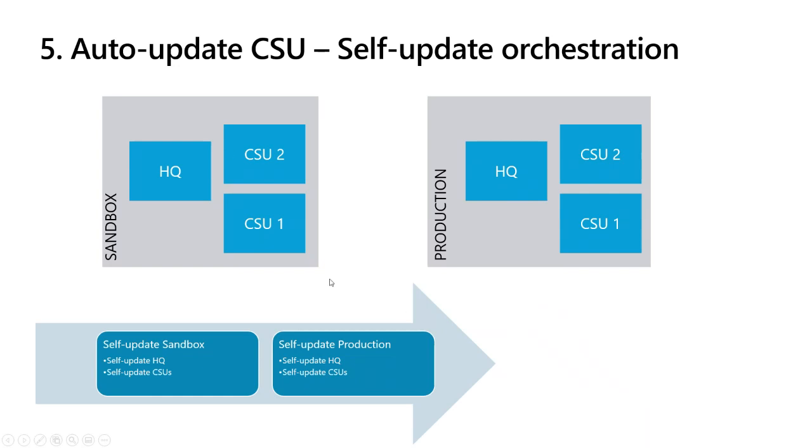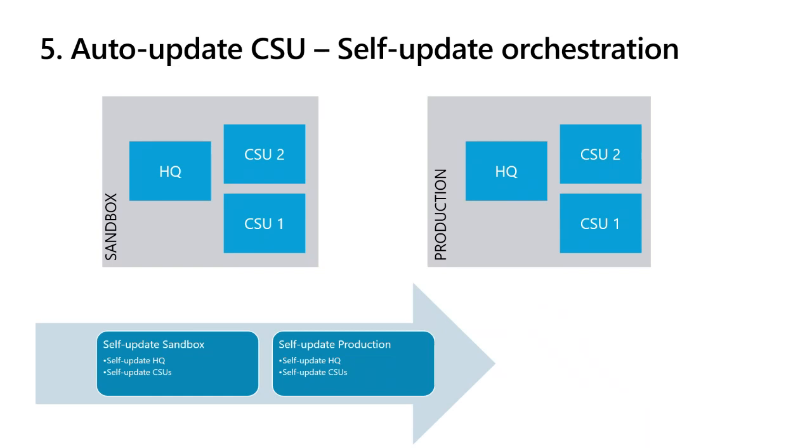And even with self-update in place, our deployment and orchestration system is fairly smart in that if it determines that you have already self-updated either the HQ or any of the CSUs, it is going to skip the update for that monthly update. It's not going to cause an additional downtime, so you don't have to worry about that.